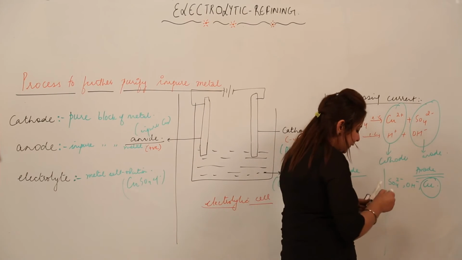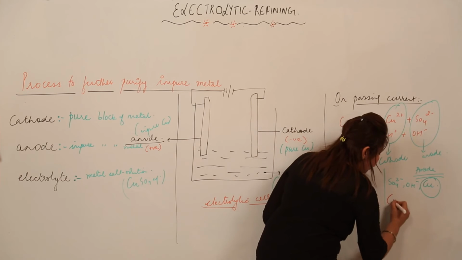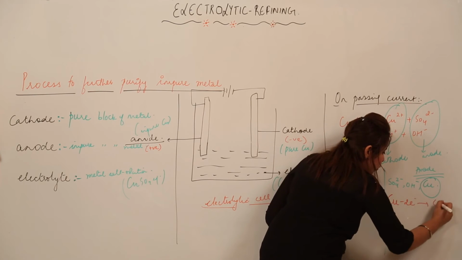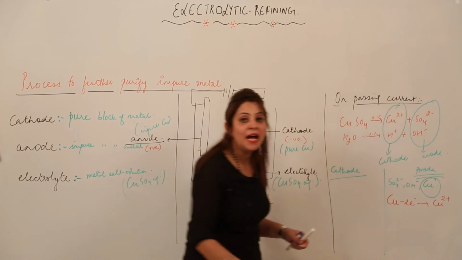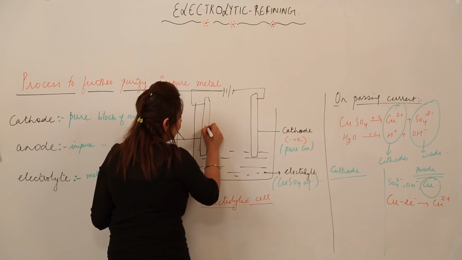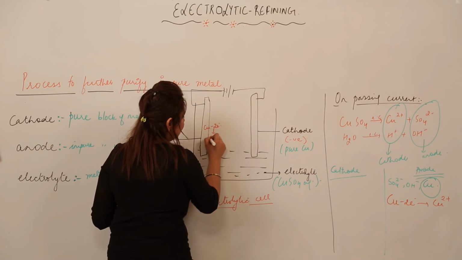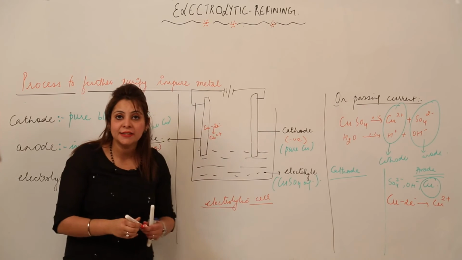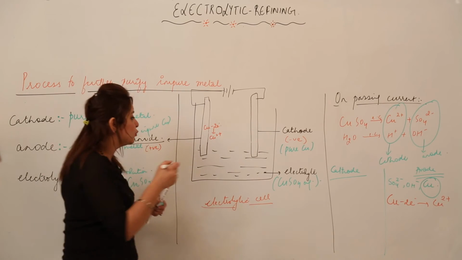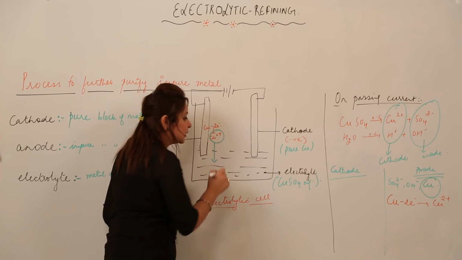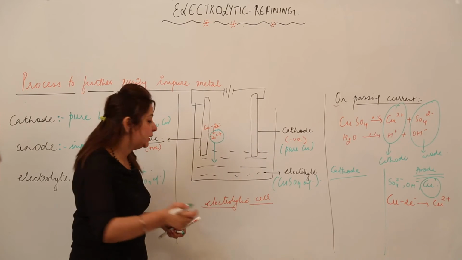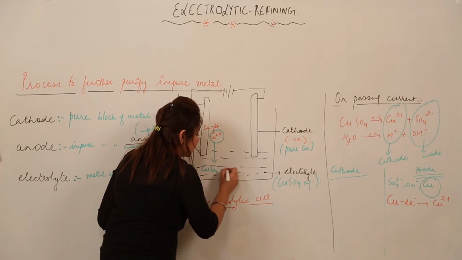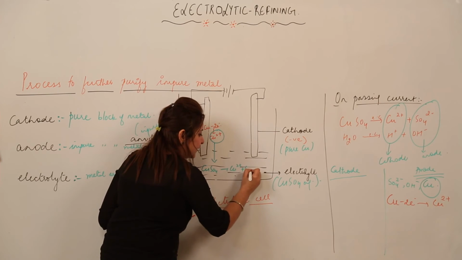So what is going to happen? This copper will lose its 2 electrons and get converted into the ion. So here we see that Cu2+ ions are formed. And where do these Cu2+ ions go? They go into the solution, and the solution already has Cu2+ and sulfate ions.